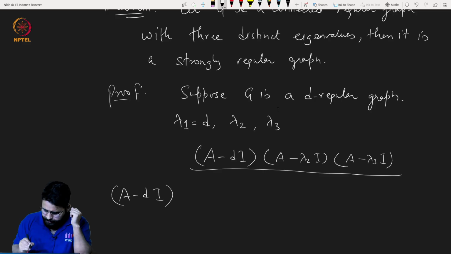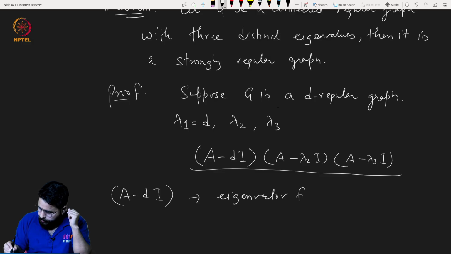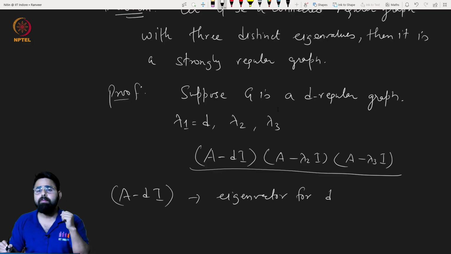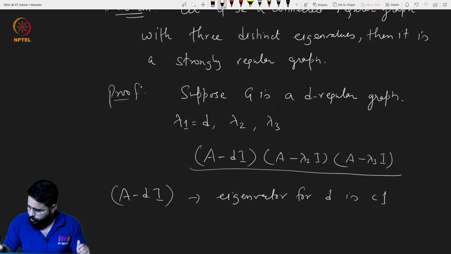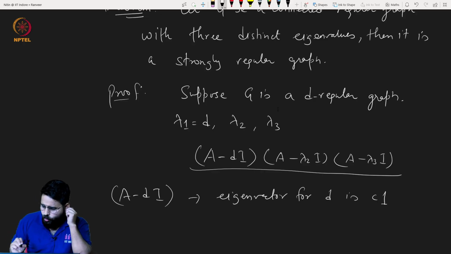The eigenvector for d will be nothing but some constant times the all 1 vector, right? It's a multiple of the all 1 vector, so c times 1. What does this imply?